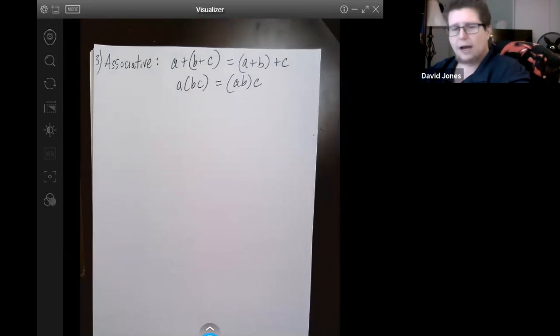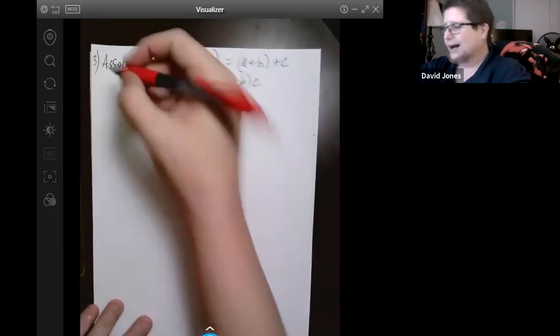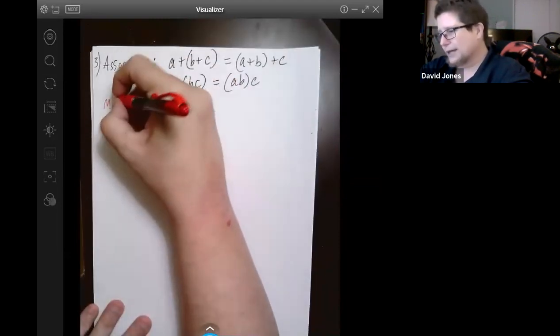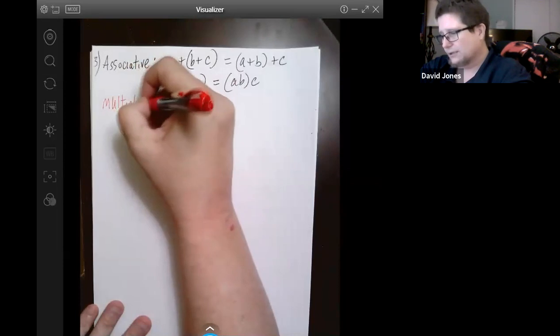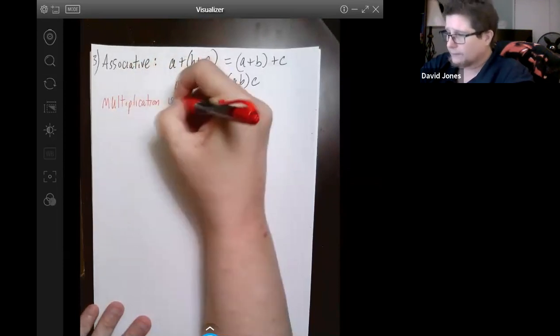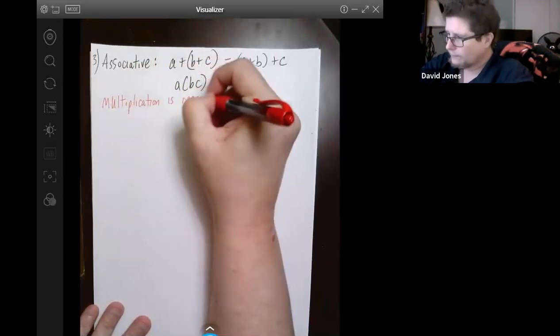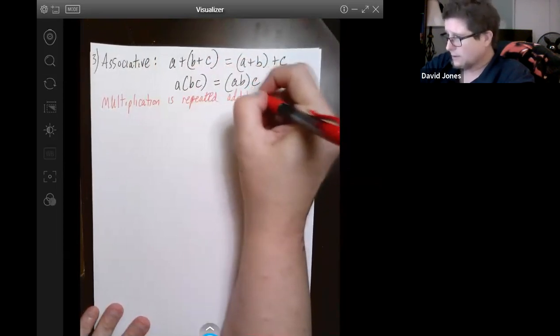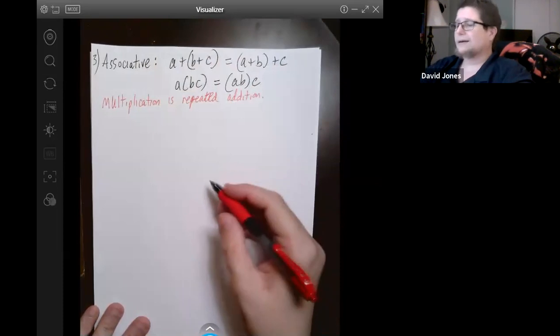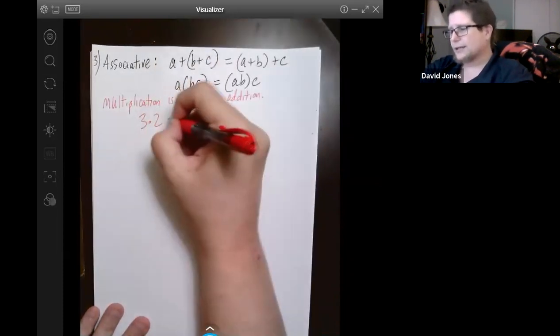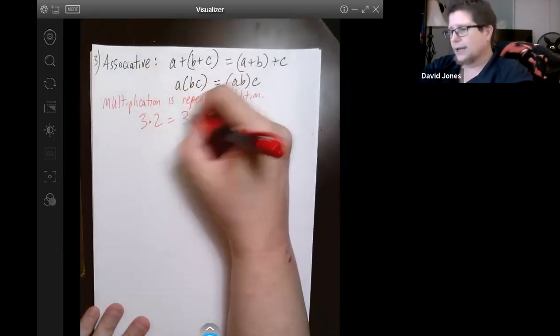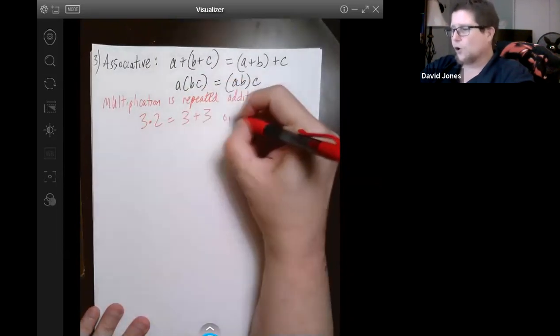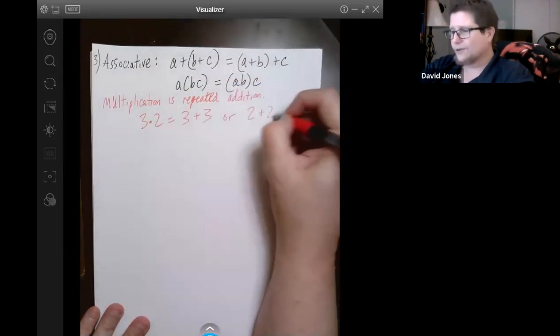And the reason why I've listed addition and multiplication on all of these, something you may not know, is that multiplication is just repeated addition. 3 times 2 is like saying 3 added together 2 times, or 2 added together 3 times.